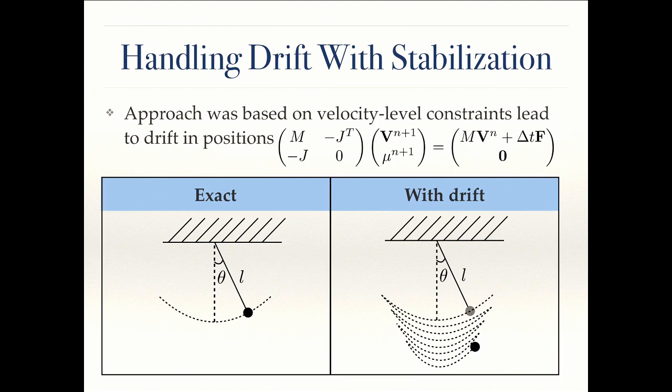Instantaneously, the velocity might be correct, but over a finite time step, it will come off the constraint. And so I'll get what's called drift, which can be visually disturbing in the simulation and may also be problematic for other reasons. And so to correct drift, additional things have to be done in our simulation, and that's called stabilization.